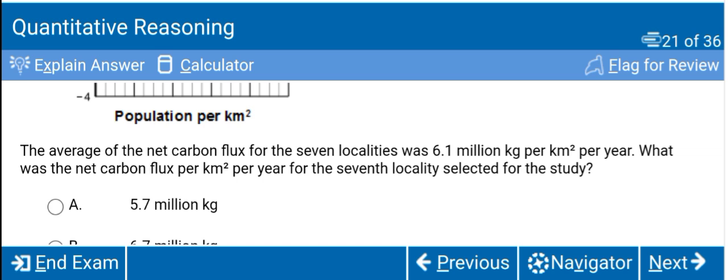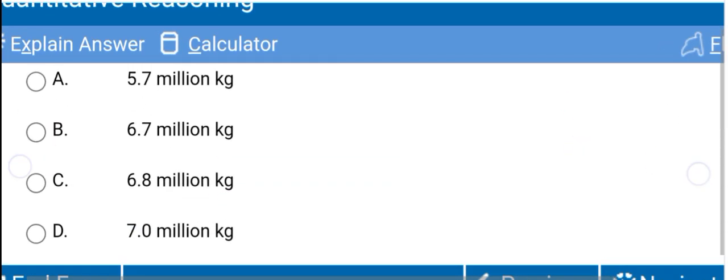So here we have option A, 5.7 million kilogram. Then we have option B, which is 6.7 million kilogram. Option C, 6.8 million kilogram.